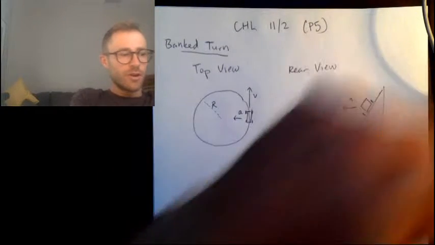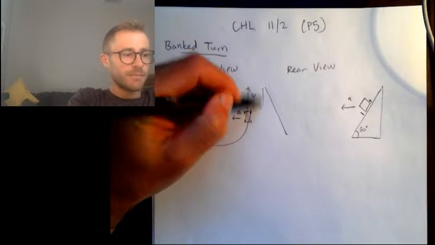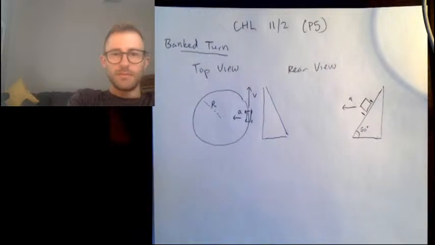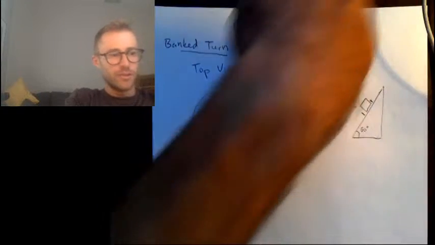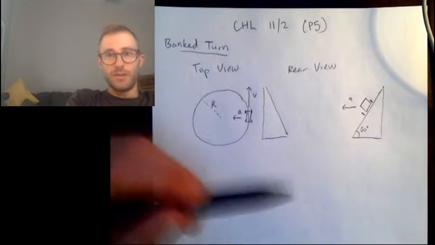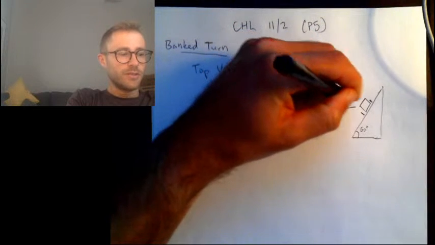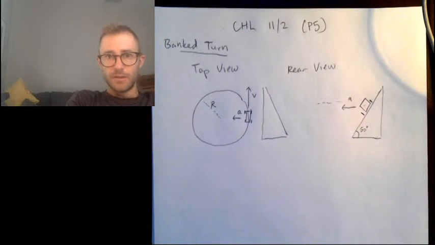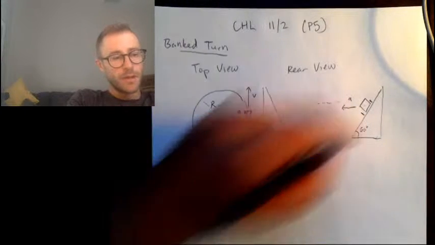The car swings around, and if it was on the other side, here's the other side of the bank, like this. The car goes into the page, it comes around, and on this side it would be going out of the page, its velocity. The radius of the circle would be this distance right here. I hope that makes sense, that you can visualize this problem.